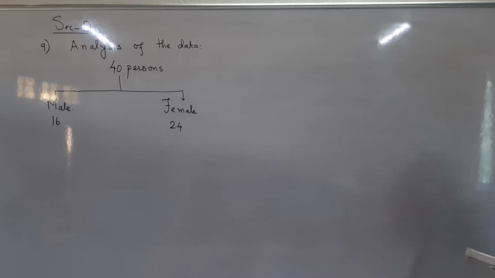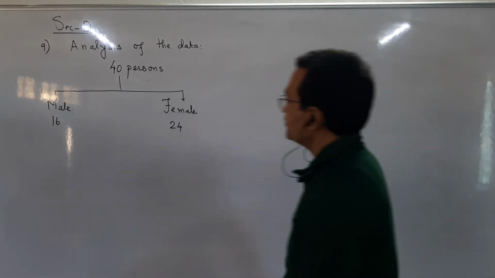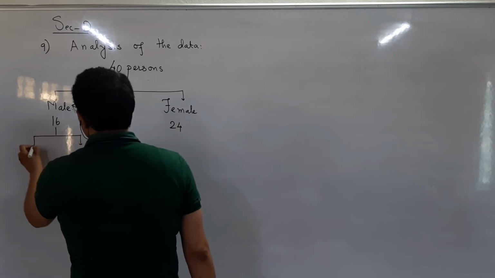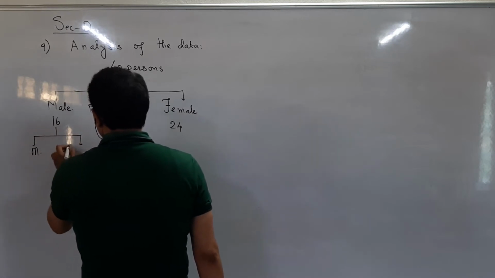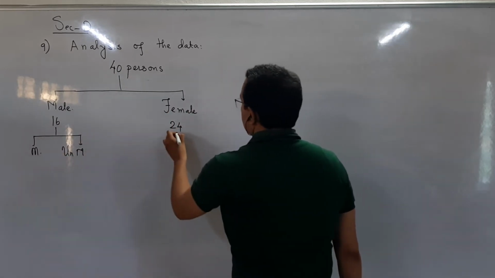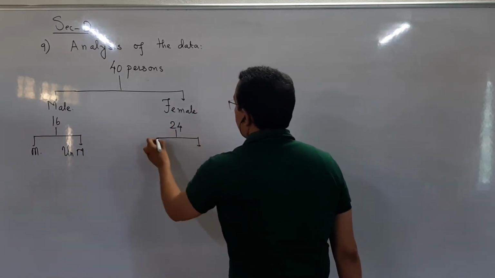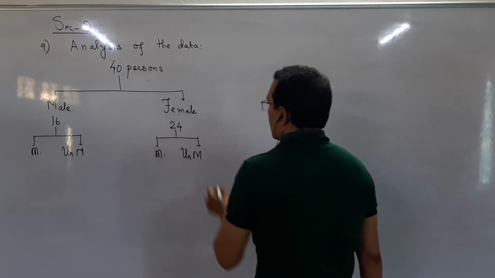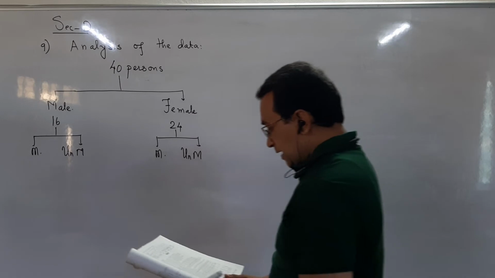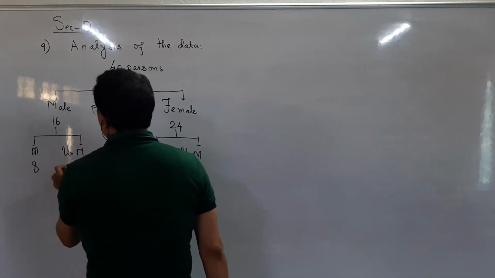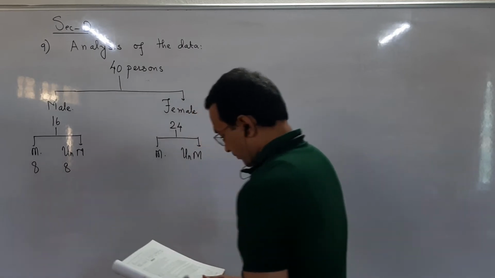Further, 50% of males are married, so this is again divided into married and unmarried. 50% of the males are married, so 50% are unmarried.